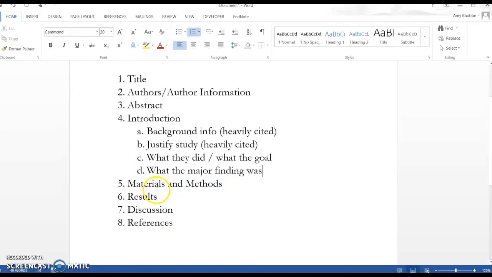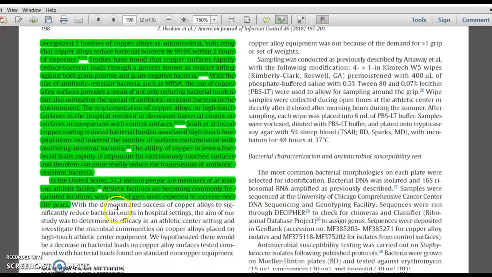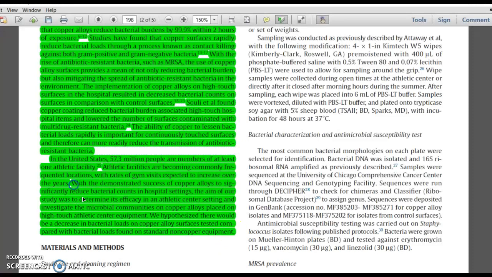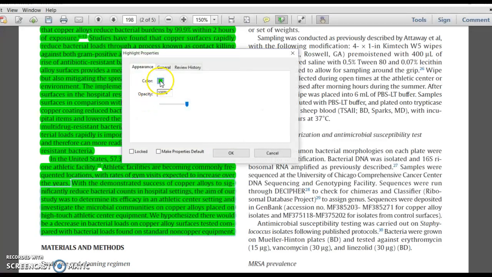All right, so now I go back. Notice the very next thing they're going to do, though, is put what they did and what the goal of the paper was. This always comes at the end of the introduction. And if I go back here, this right here, and let me just change colors really quickly to make it distinct.